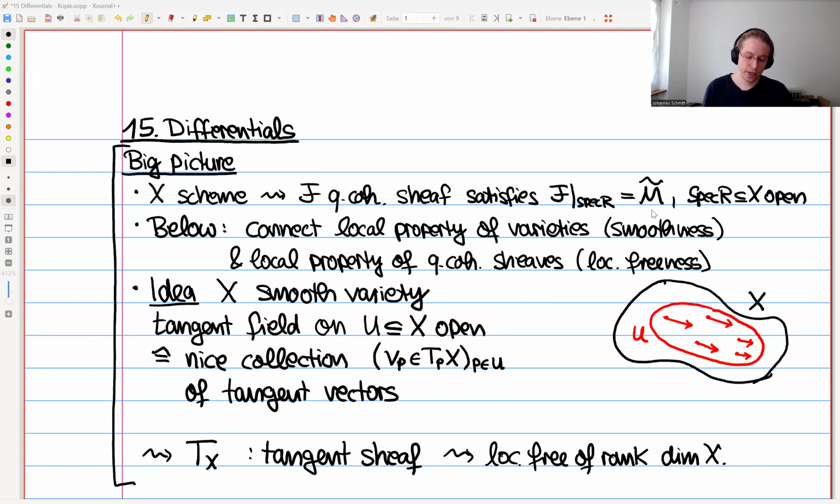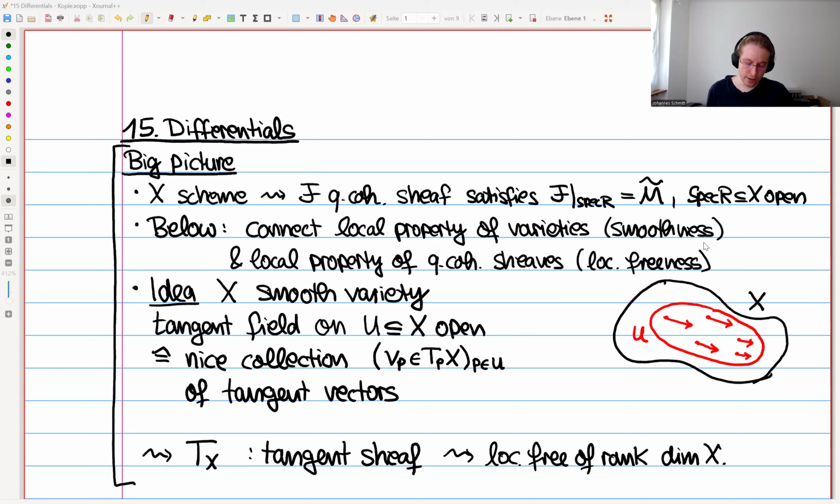And below, we can now give a particularly nice example of such quasi-coherent sheaves, which connect a local property of varieties, namely smoothness, to a local property of quasi-coherent sheaves that we have seen in the last chapter, namely of being locally free.